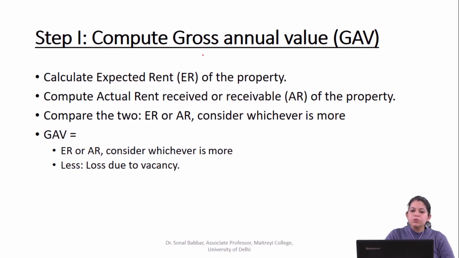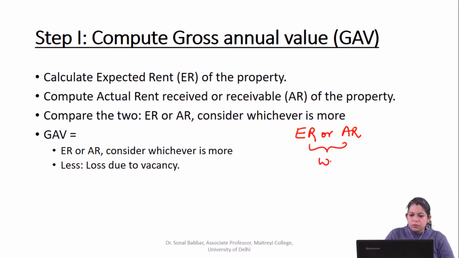Step 1, we need to compute gross annual value, which is GAV. For that, we need to compute expected rent of the property. We need to compute actual rent received or receivable of the property, and then we compare the two. We consider the higher of the two, and from that we subtract loss due to vacancy. So let us repeat this. We are comparing expected rent with actual rent received or receivable.